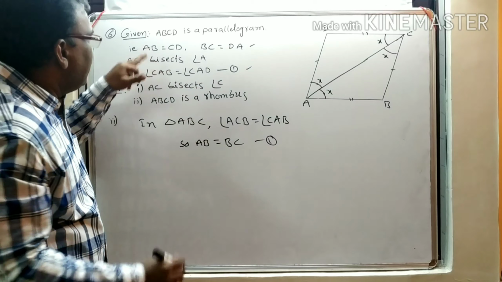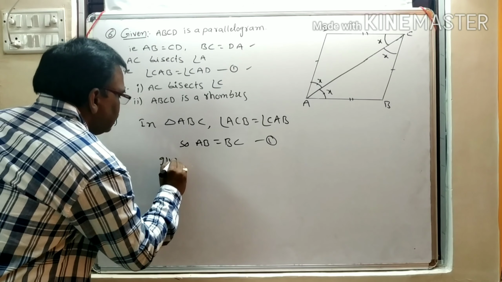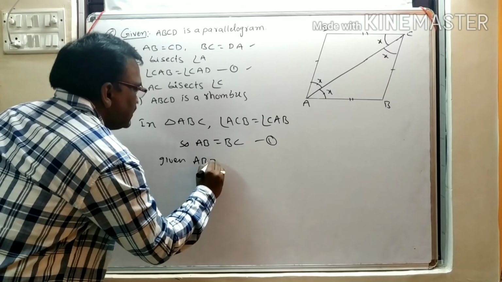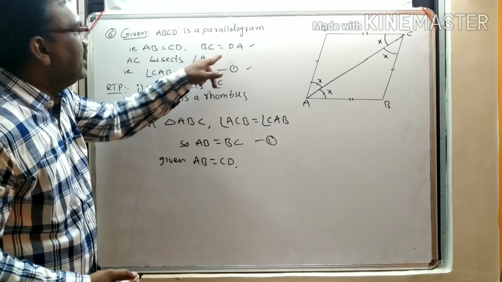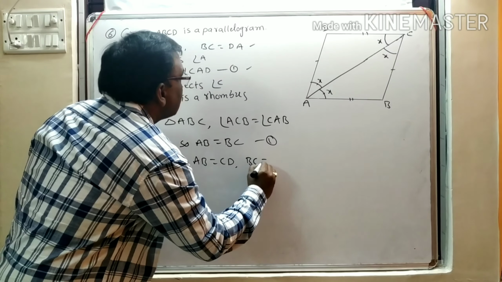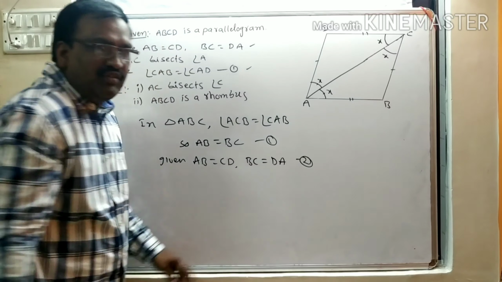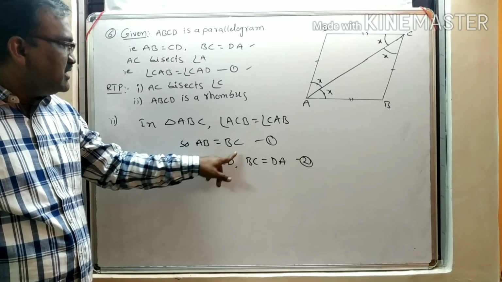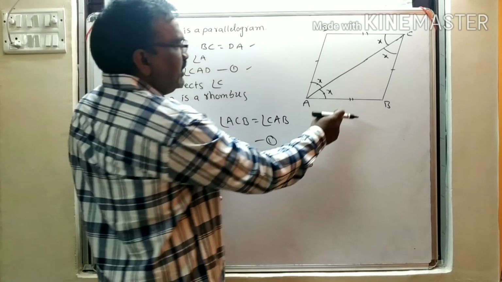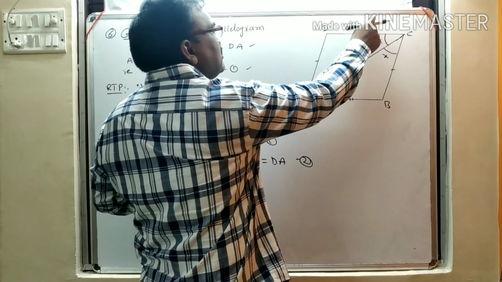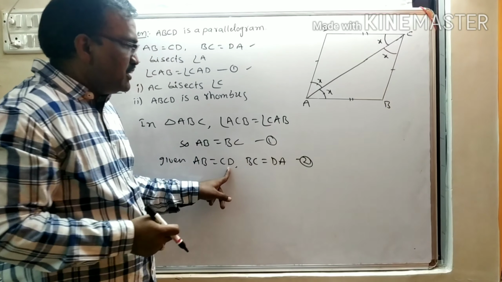But given AB is equal to CD and BC is equal to DA. From these two conditions, AB is equal to BC, BC is equal to CD, CD is equal to DA also.